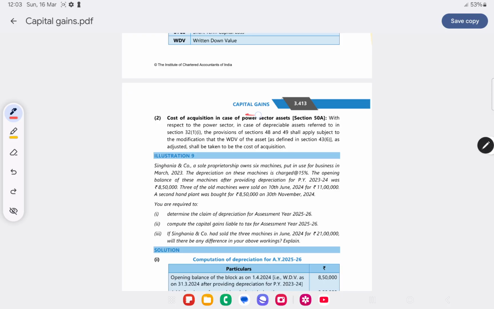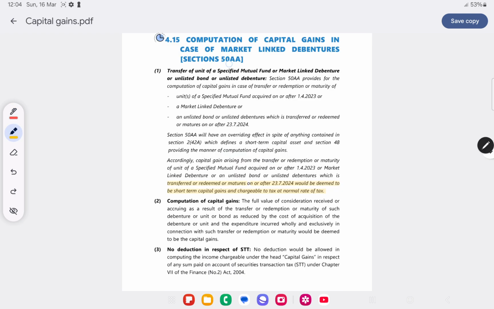Now in case of power sector units who have opted for the SLM method, WDV will be taken as the cost of asset. Now, under 50AA, we have already discussed that when we are selling a market linked debenture or unlisted bond or debenture or unit of a specified mutual fund, it will always be a short term capital asset.